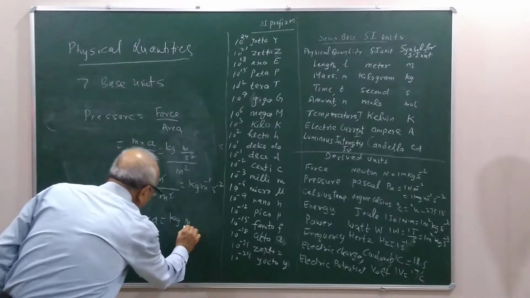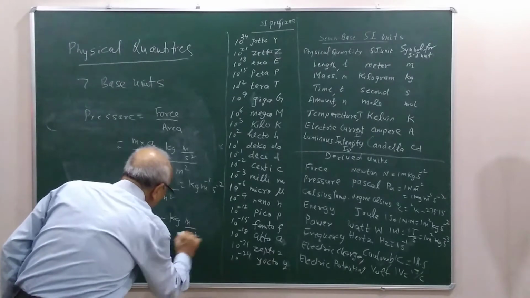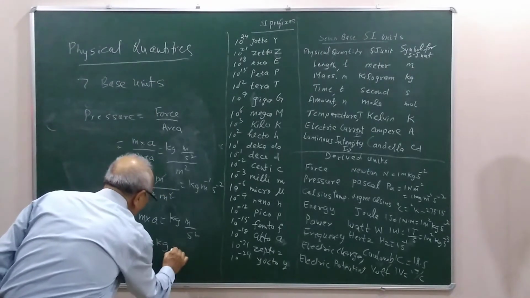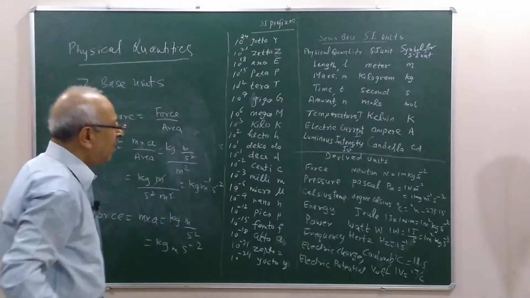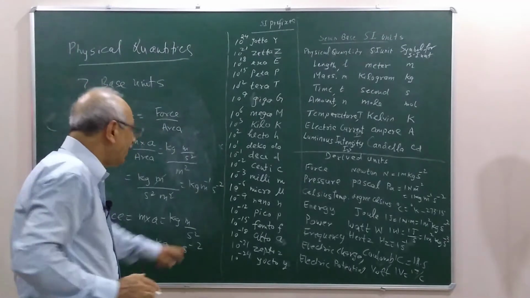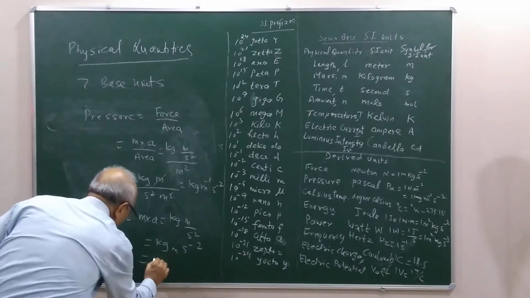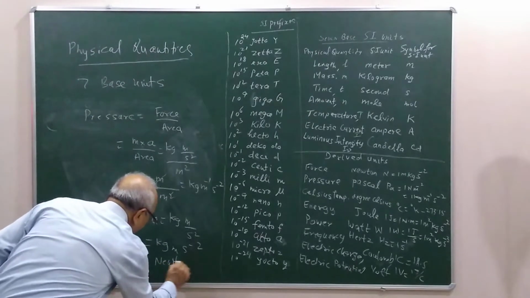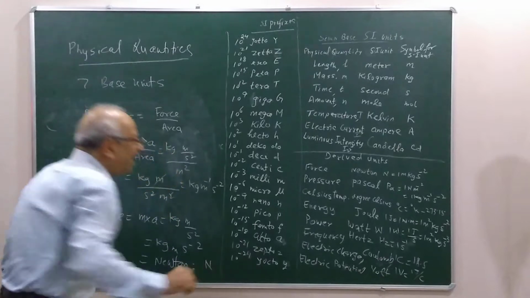Mass is kilogram, meter per second square, which comes to be kg m s minus 2. This is the unit of force. This has been given the name Newton, represented by N in SI unit.